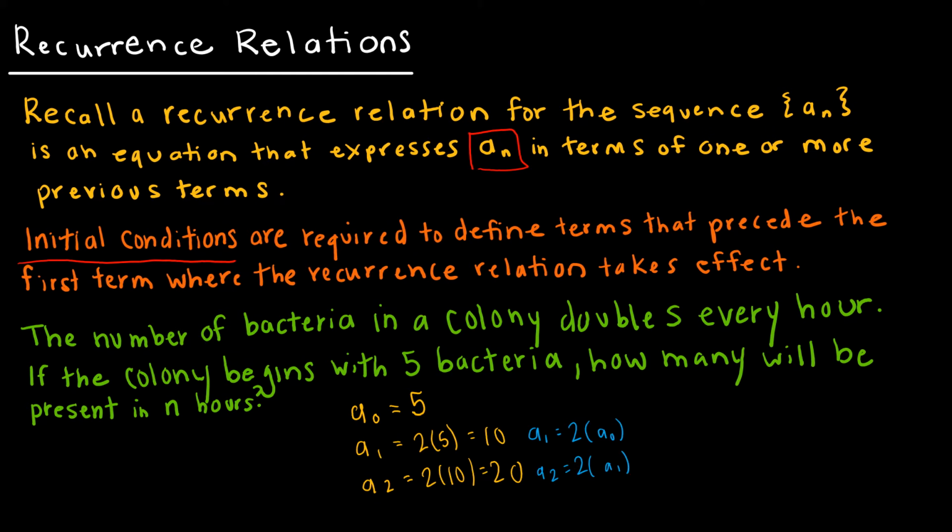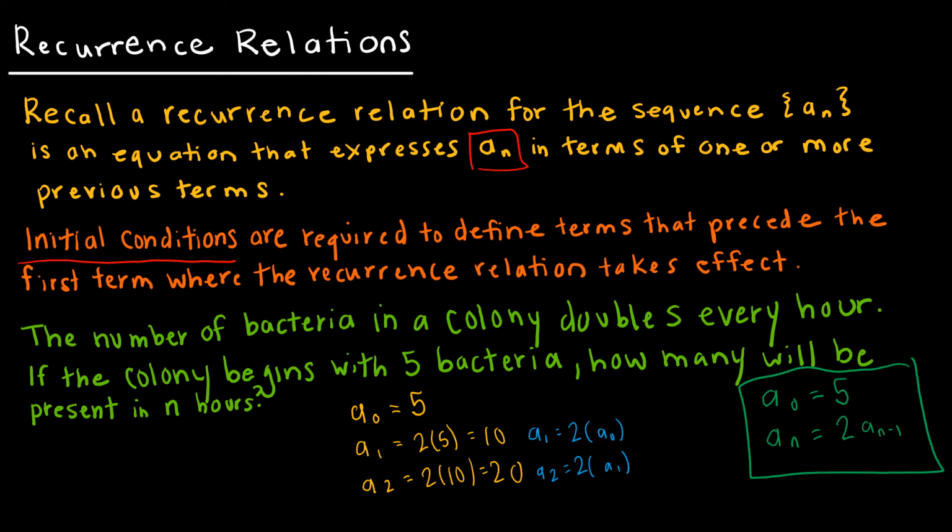And so my recurrence relation, my answer, would be that I start by saying that a0 will be 5, and then anything after that is going to be taking 2 times the previous value.